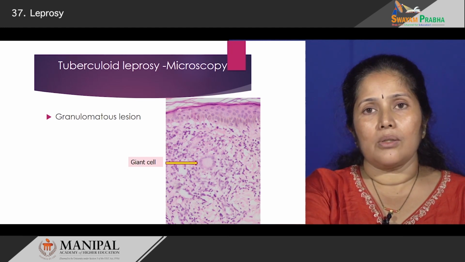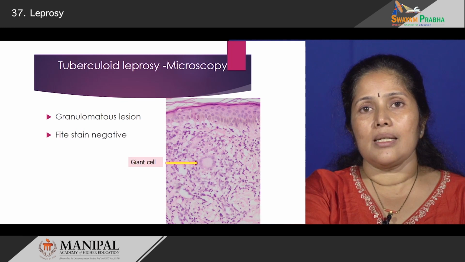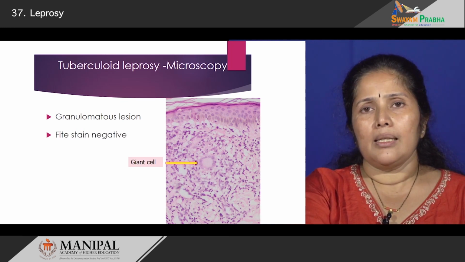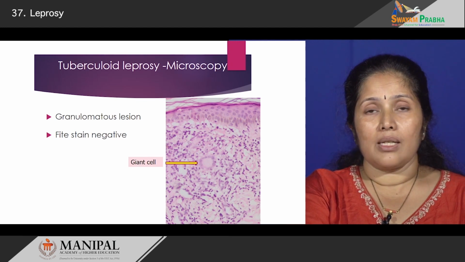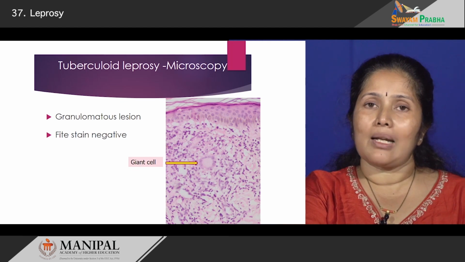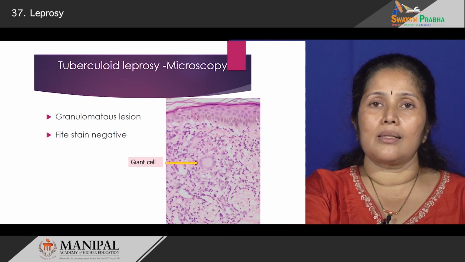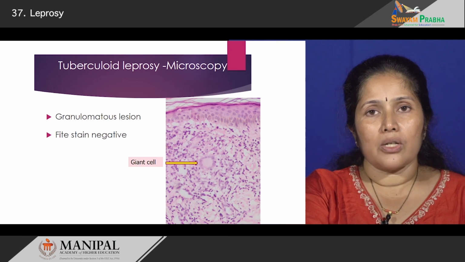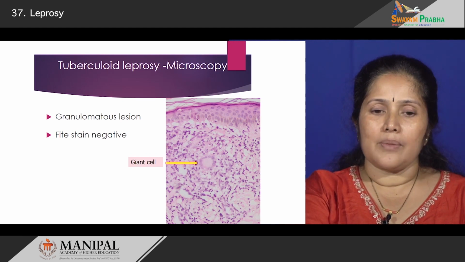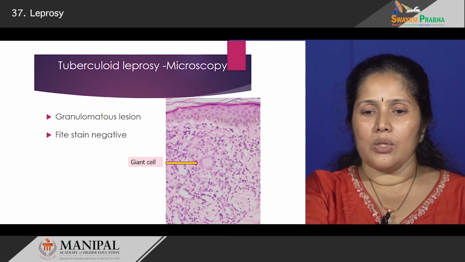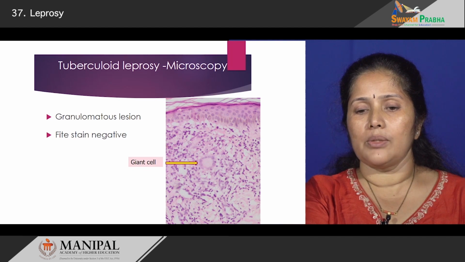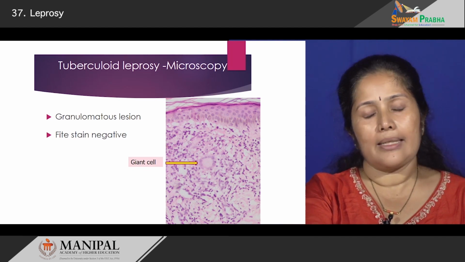So, the hallmark in histology is the granulomatous lesion, and invariably the Fite stain is negative. It is very difficult to get a positive Fite stain, but the presence of granulomas around the vessels and around the nerves, with infiltration of these nerves, is what tells us that this is leprosy. This picture is showing you a granuloma, and in the granuloma you can identify a giant cell.